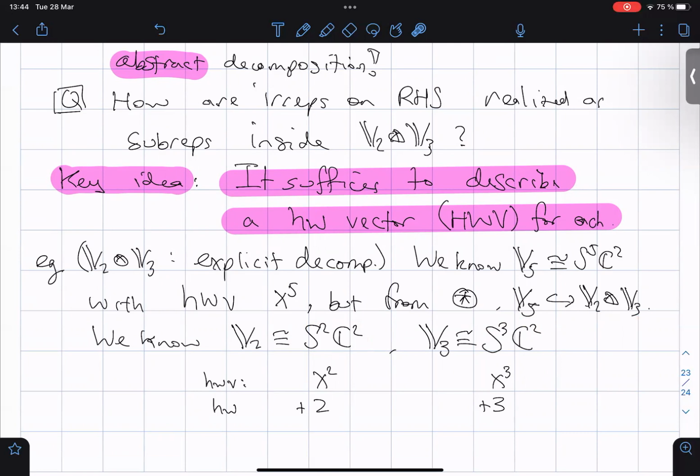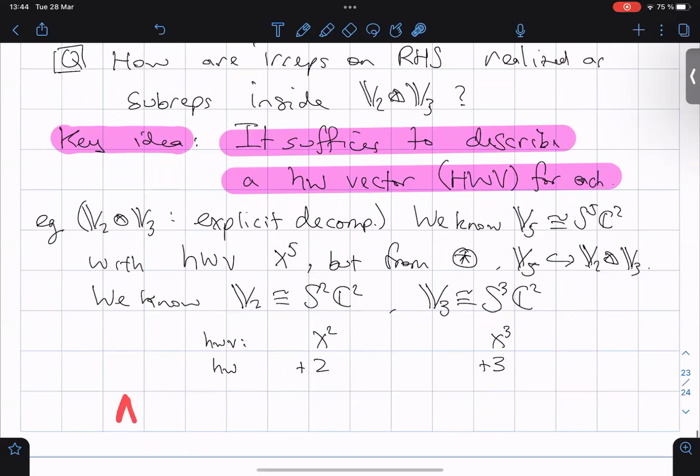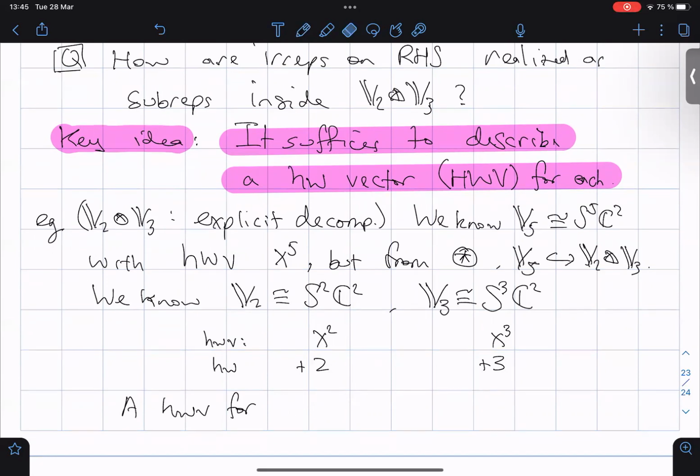We can just take the tensor product. The highest weight vector for V5 as it sits inside V3 is X2 tensor X3. Let's keep the tensor product in there. Just be careful.